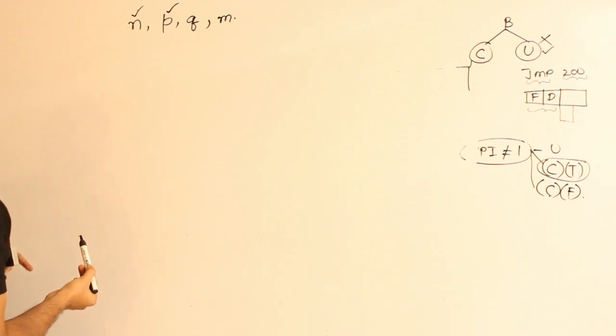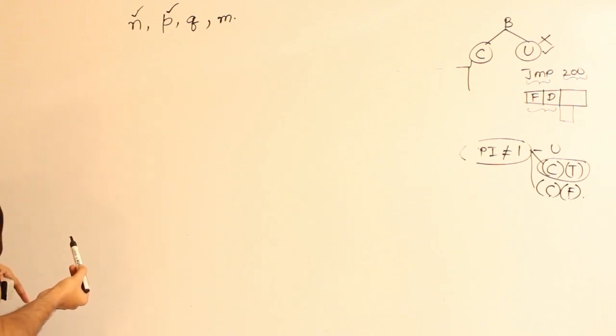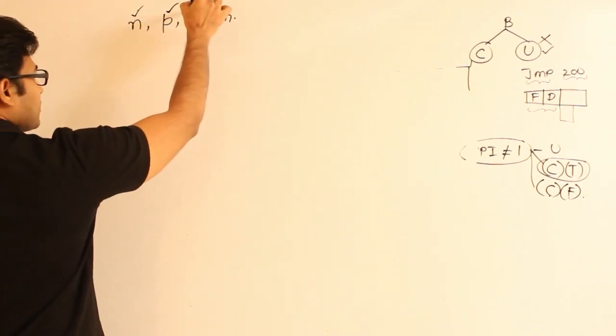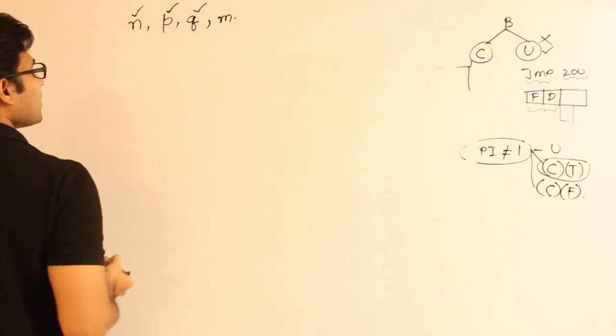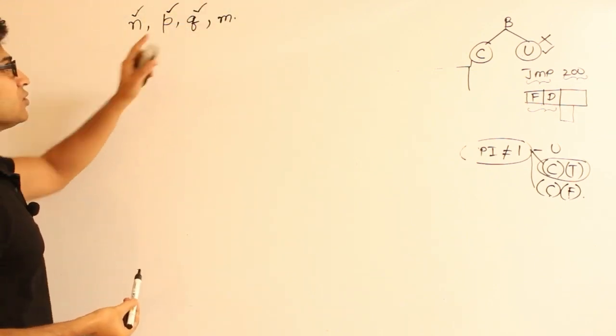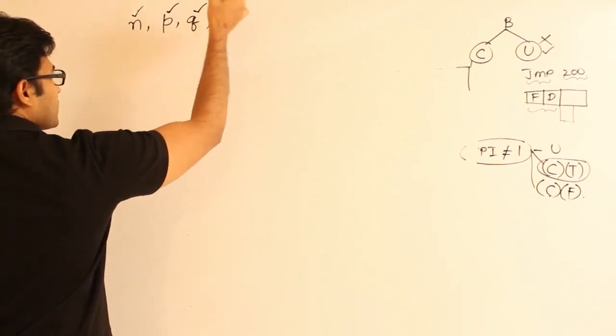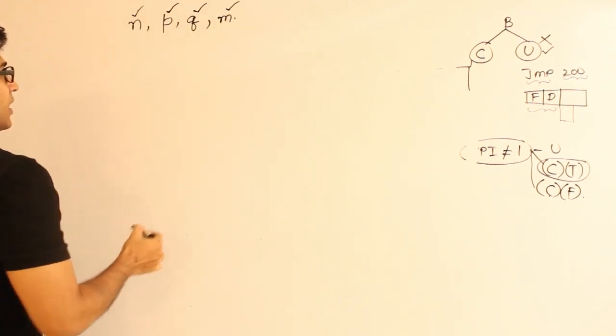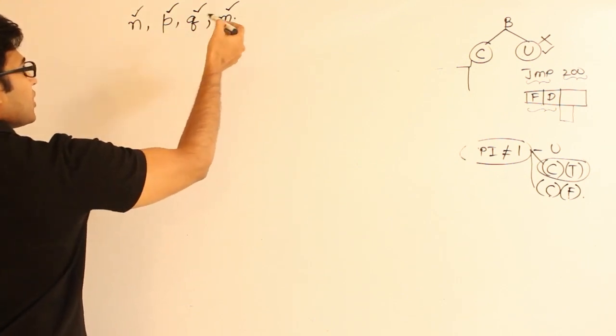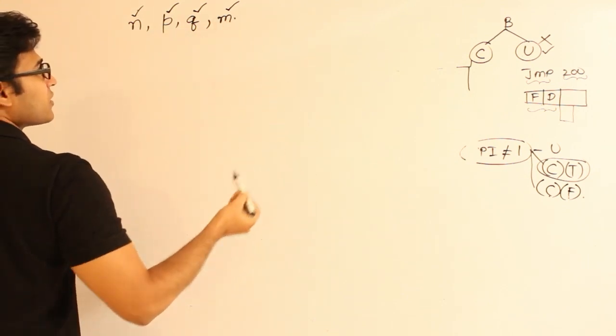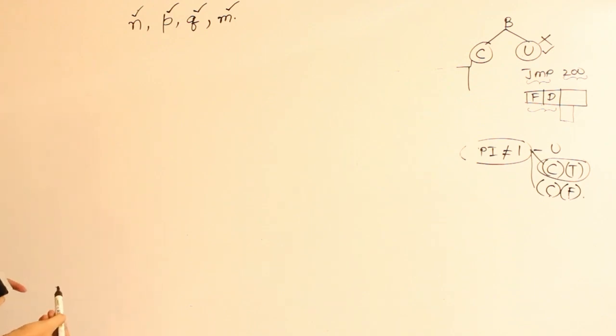Given that the instruction is a conditional branch instruction, the probability that the condition evaluates to be true and there has to be a branching is q. And assume that m is the total number of stages in the pipeline, and only after all the m stages are over will you be able to find out the target instruction address.